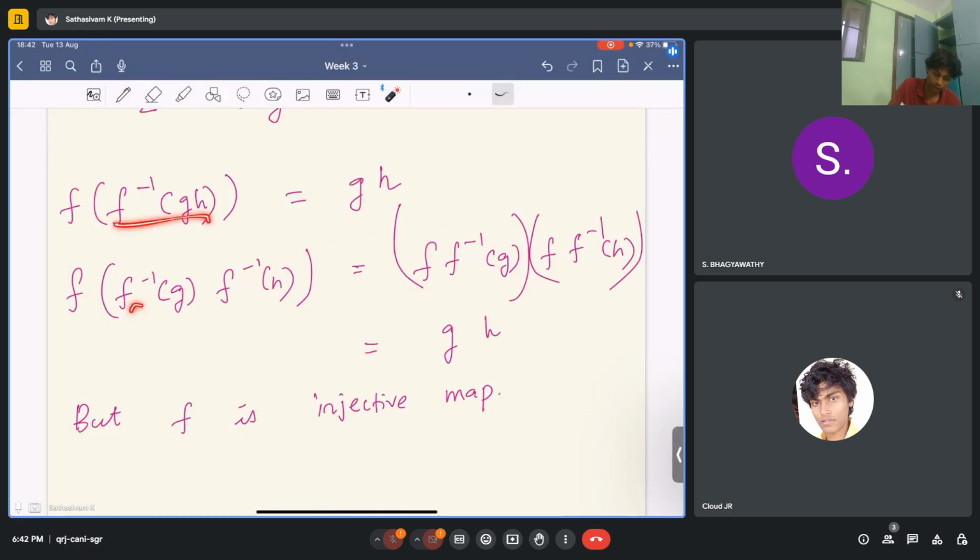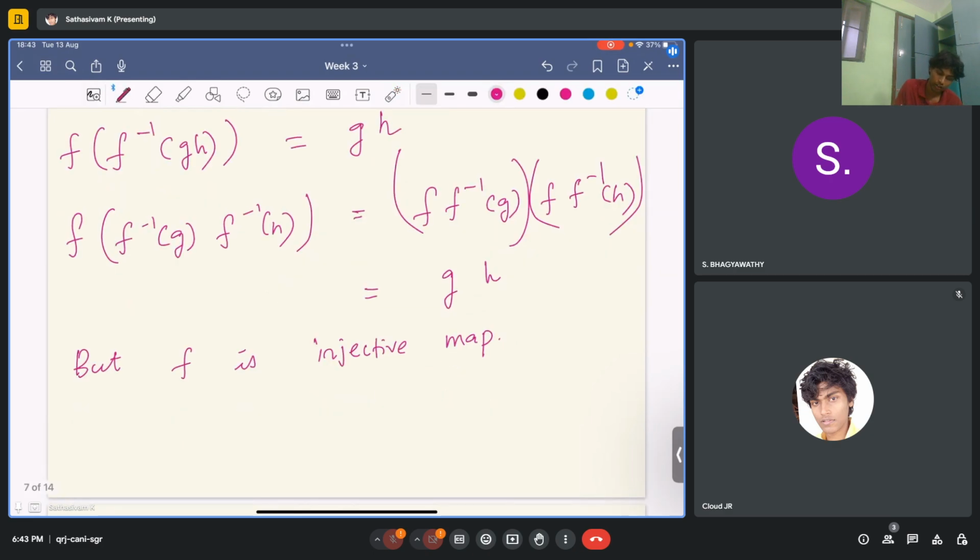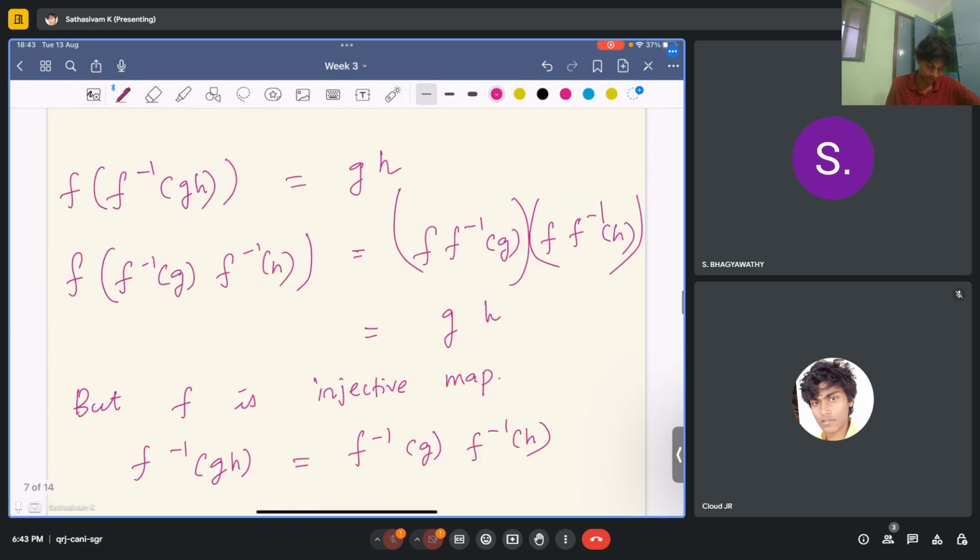But these two elements are going to the same image, so they cannot be different. Since they go to the same image, the elements have to be the same. So that tells you F inverse of GH equals F inverse of G times F inverse of H. That's all, we got it.